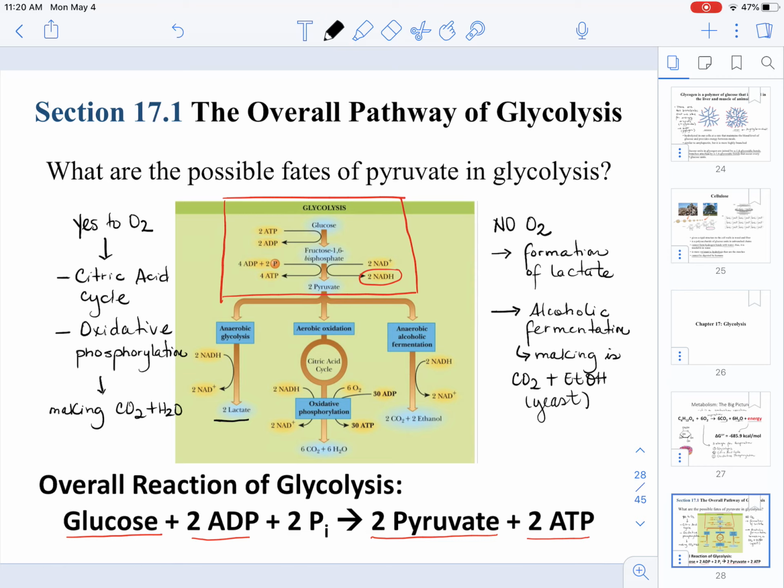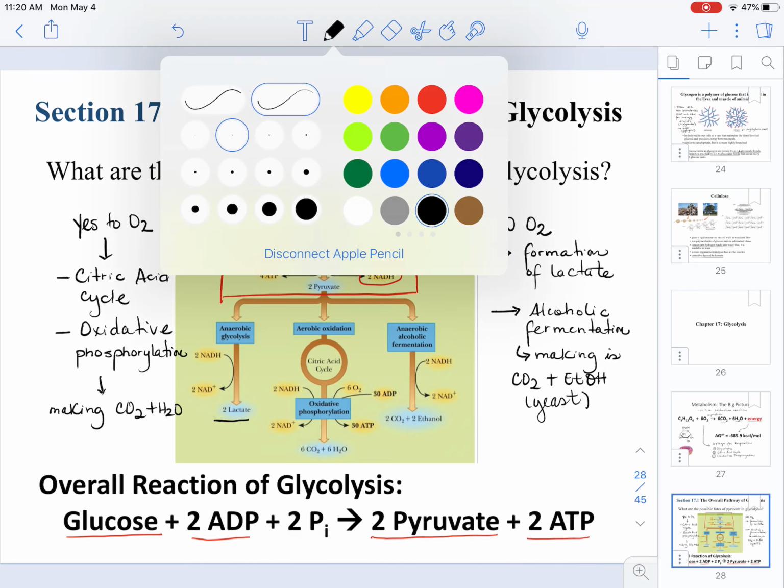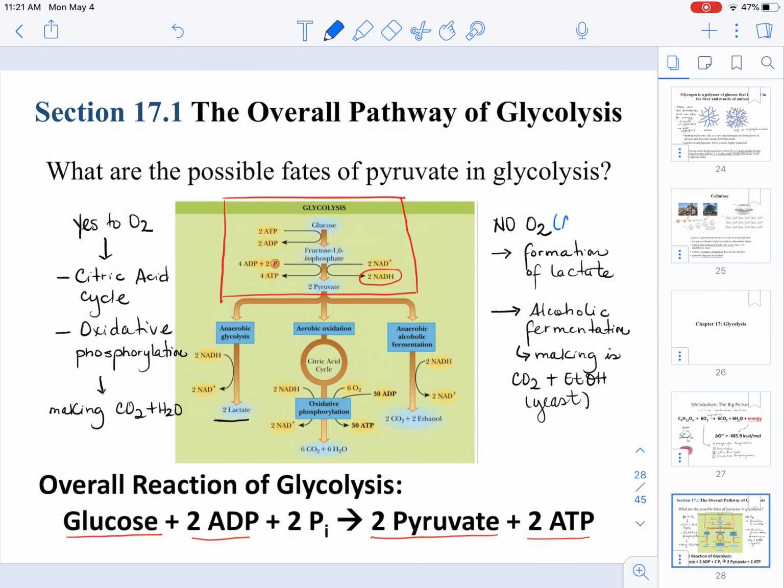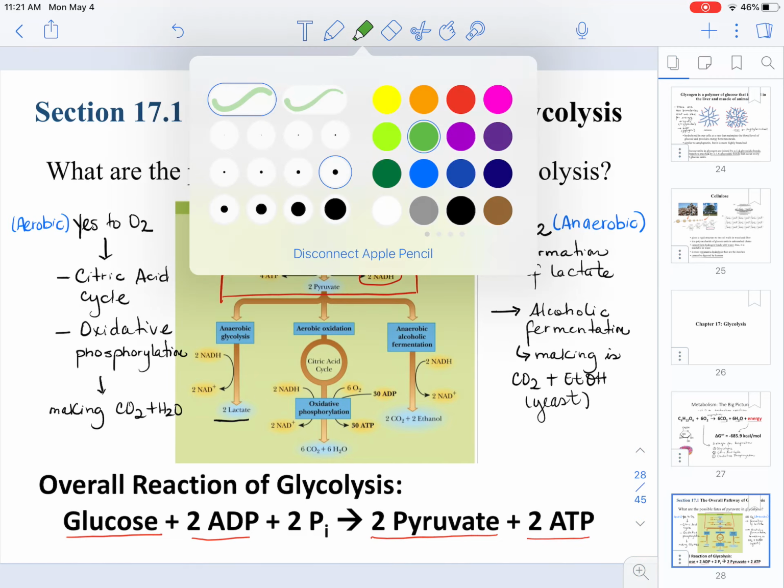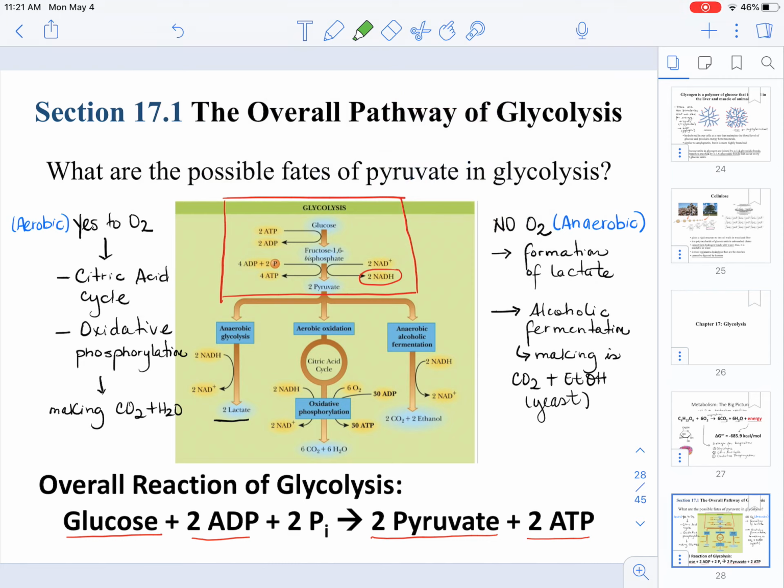Now, understand that whenever we don't have oxygen in the system, that is known as an anaerobic process. And when a process requires O2, that is known as an aerobic process. That's why here in the slides we have aerobic oxidation versus anaerobic.